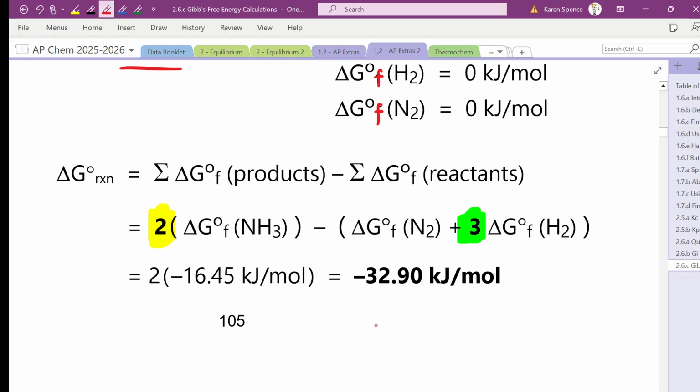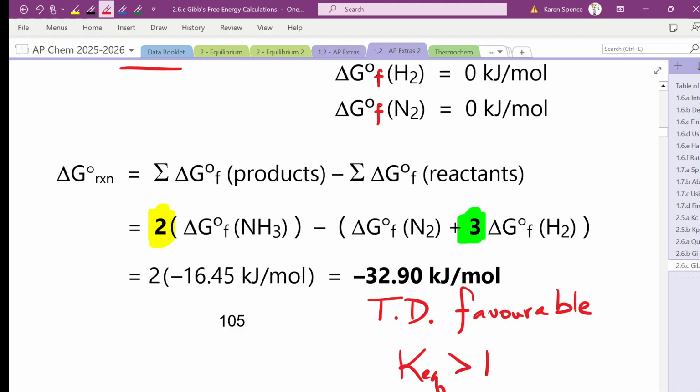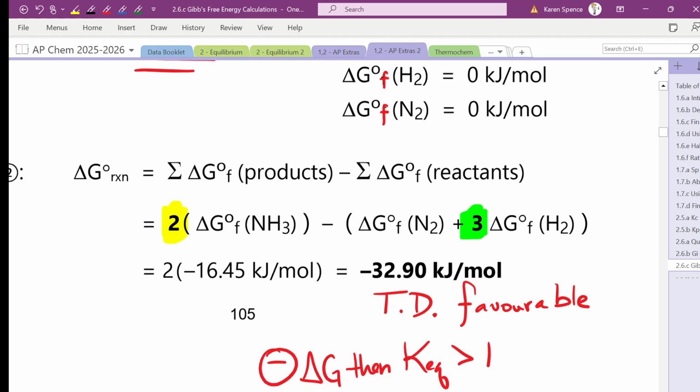This reaction is thermodynamically favorable. What would this tell us about our value of KEQ? KEQ would be greater than 1. Yeah, if you have a negative delta G, then KEQ is greater than 1. Alrighty.